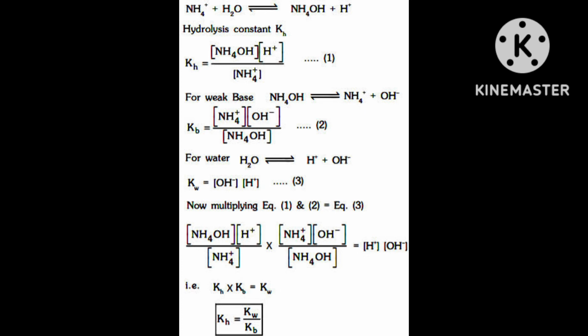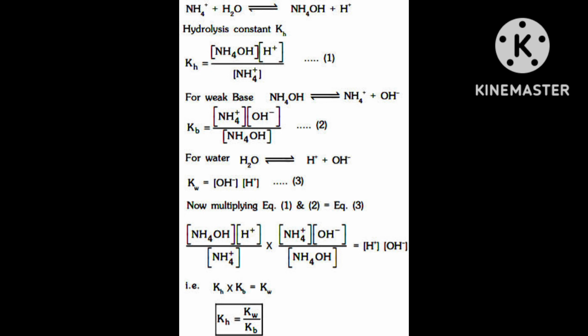Ka into Kb is equal to Kw, and the Kw value is 10 to the power minus 14. Out of 3, 2 things you are knowing. Then Ka is equal to Kw divided by Kb, so 10 to the power minus 14 divided by the Kb value, 1.77 into 10 to the power minus 6.